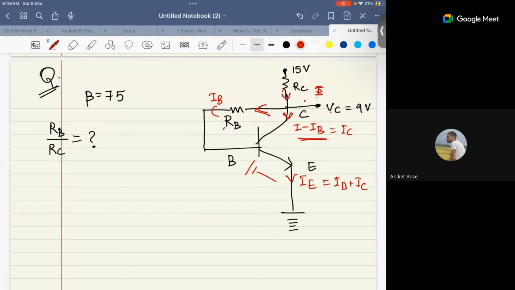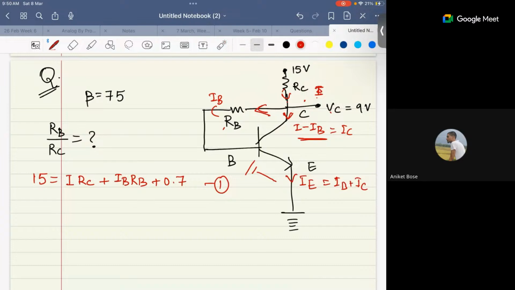So if I want to write the first equation, what will it be? 15 minus I RC is equal to IB RB plus 0.7. Correct? Yes, sir. That is the first equation. The second equation, can I write it from here till here only?